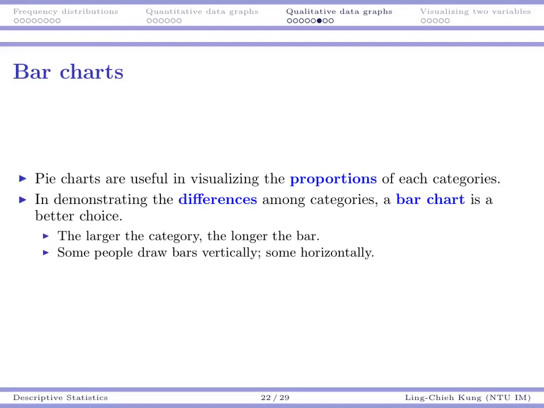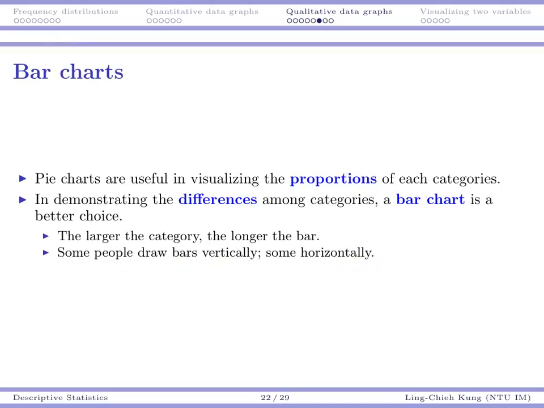So pie charts are very useful if we want to visualize proportions of each category. But if we are actually more interested in the differences, then a bar chart would be a better choice. The larger the category, the longer the bar. And the bar can be drawn vertically or horizontally.